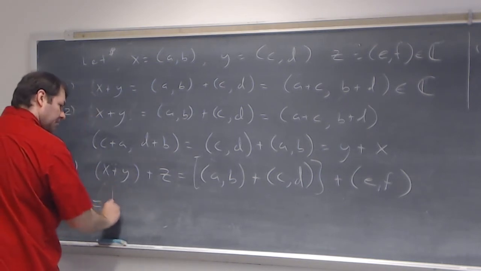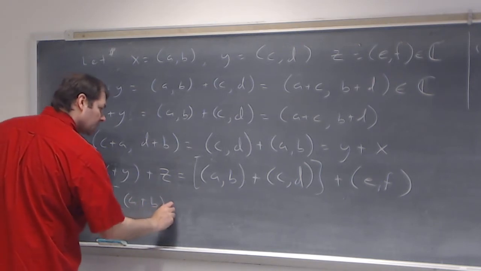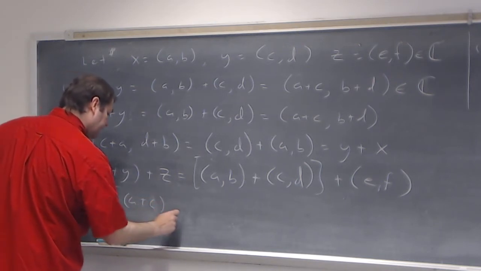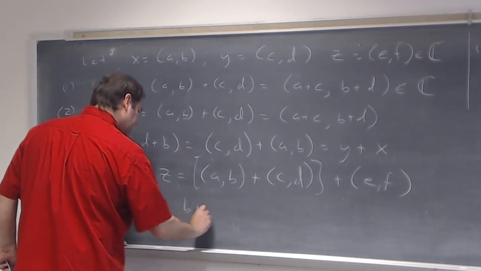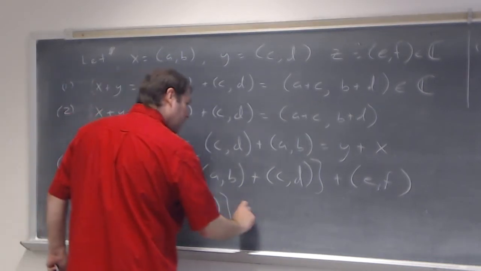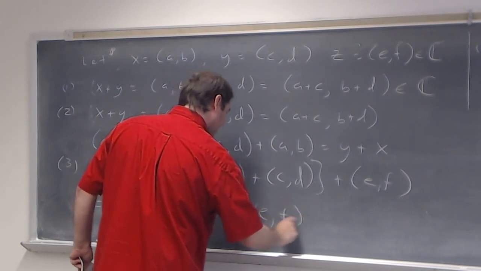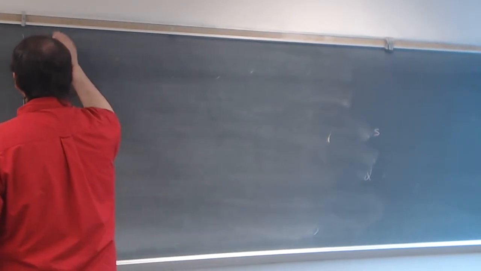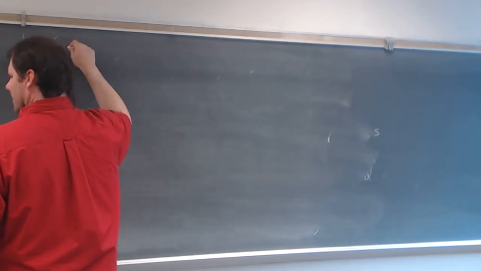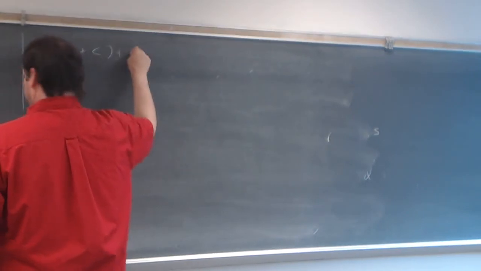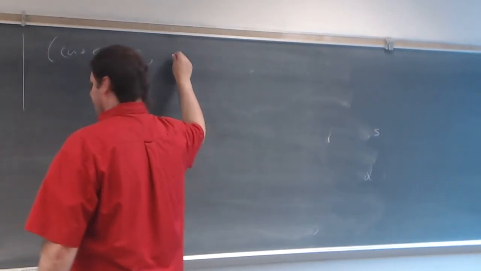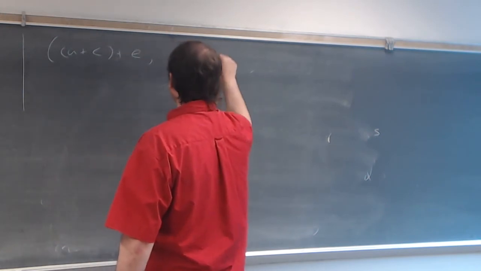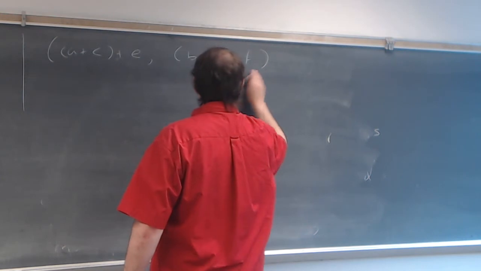This is really (a plus c, b plus d) plus (e, f), which I will rewrite over here as the complex number (a plus c plus e, b plus d plus f).